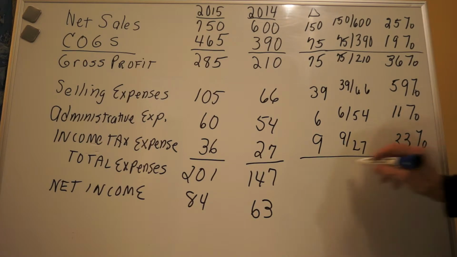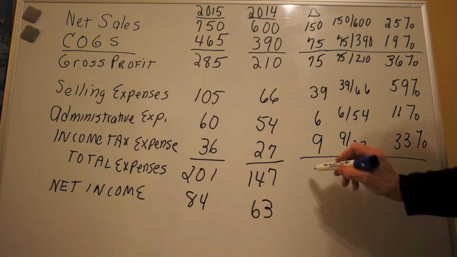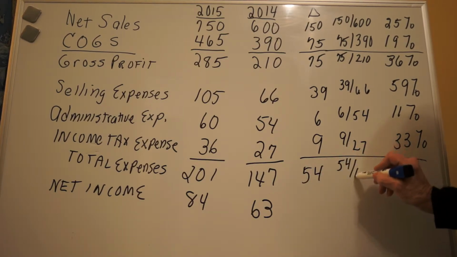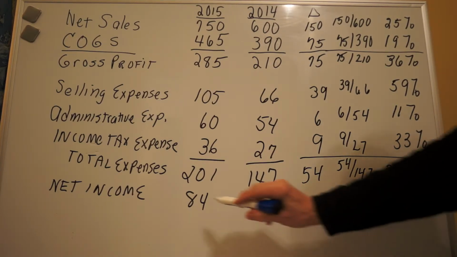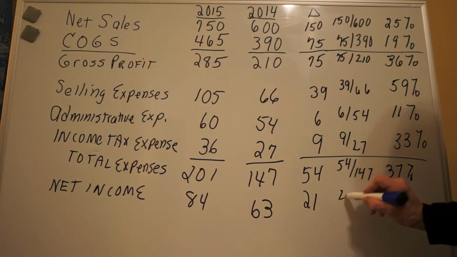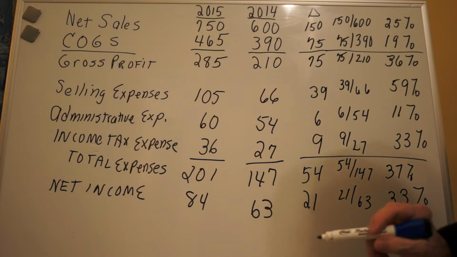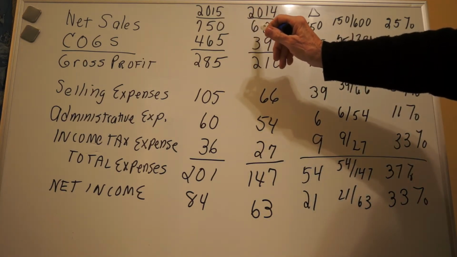And overall, the total expenses as a total had an increase of 54 divided by the base year, overall 37%. And net income 84 to 63, that's a 21 change, 21 divided by the base year, 33%.